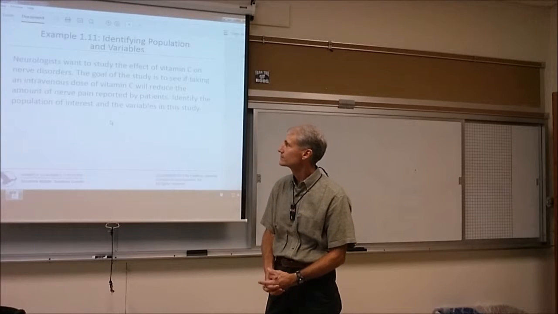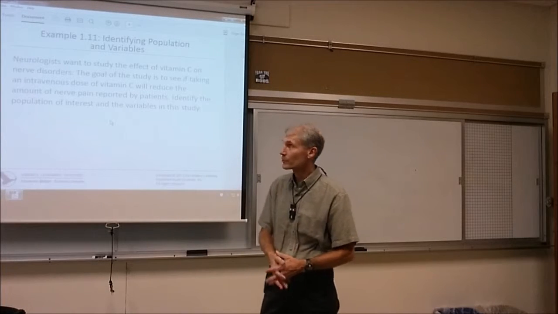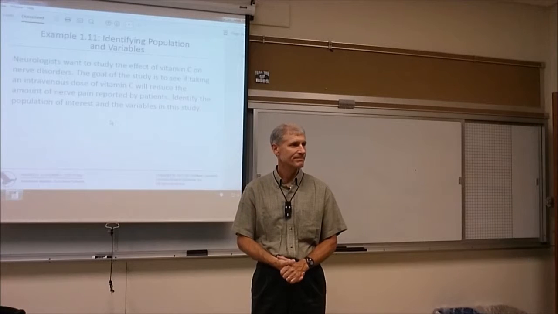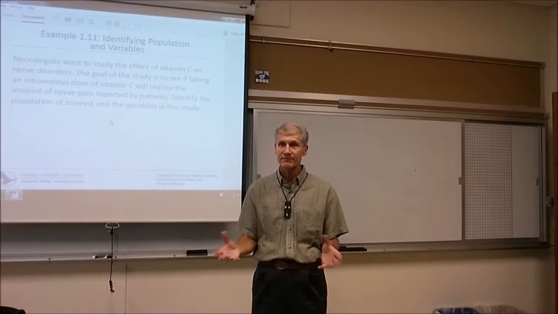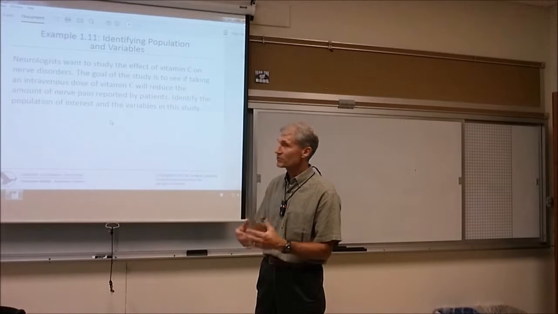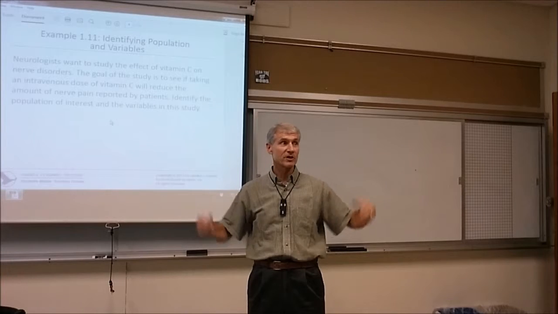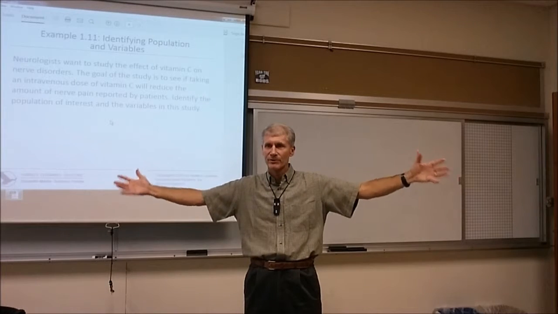People with nerve disorders or nerve pain, right? Is it all patients or only in a certain region? It really doesn't say, does it? It just says, we want to know about nerve pain. So the way it's worded, the population is all patients with nerve pain.